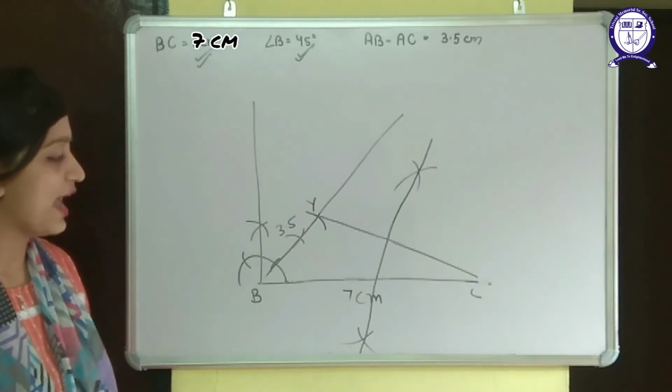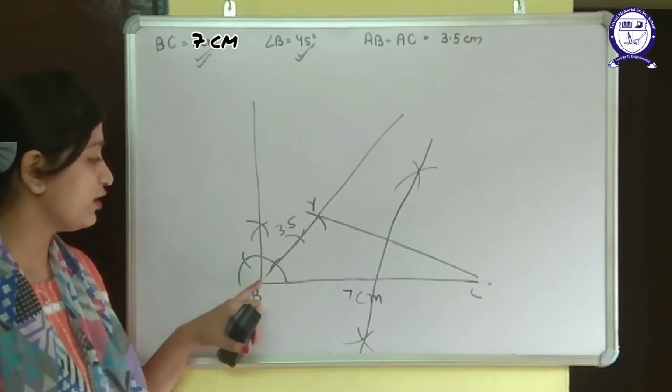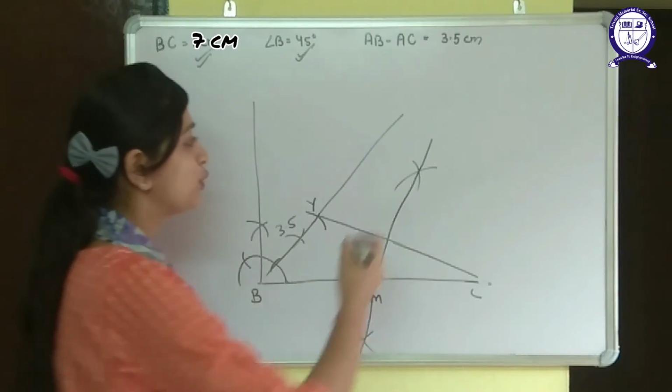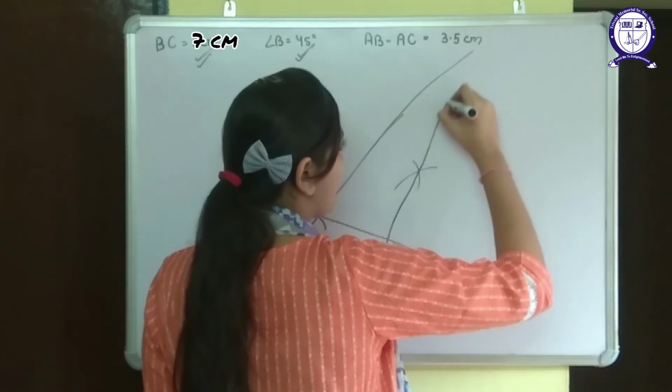But now you can see that this bisector didn't cut this line anywhere. We need the bisector to cut this line, so I am going to extend both the lines until they cut each other.